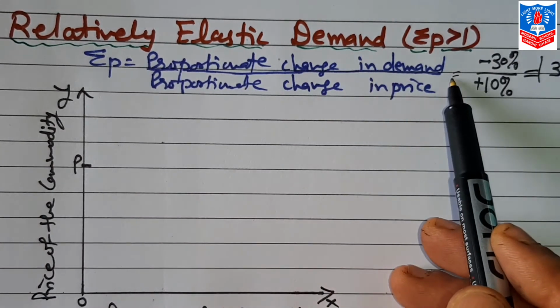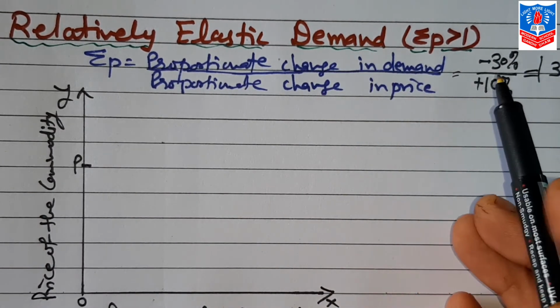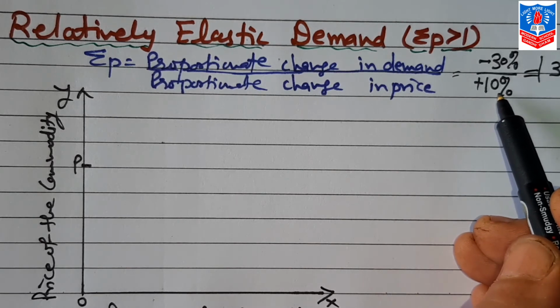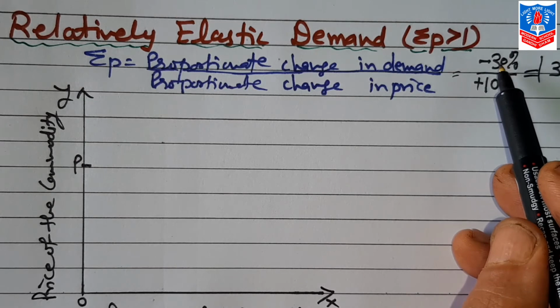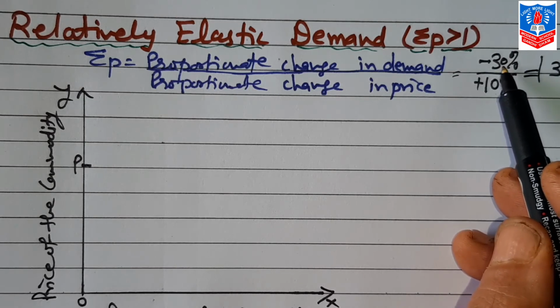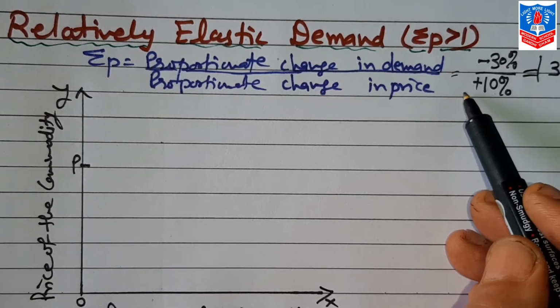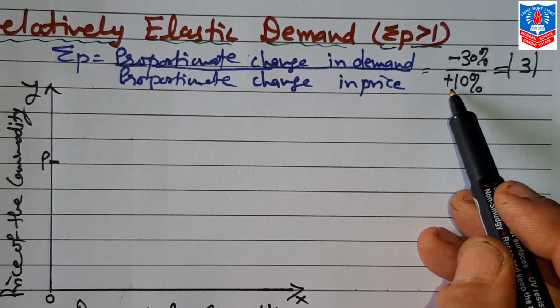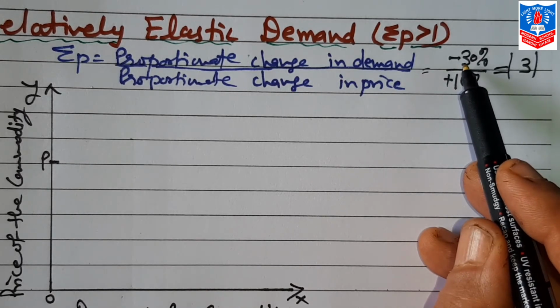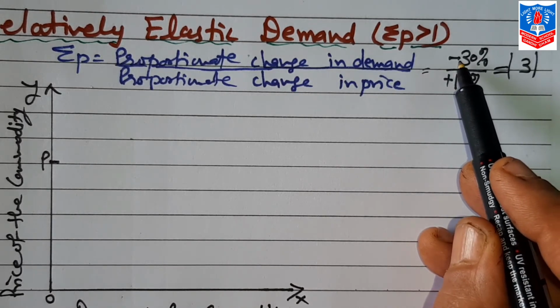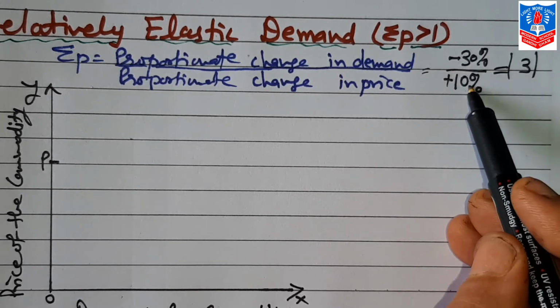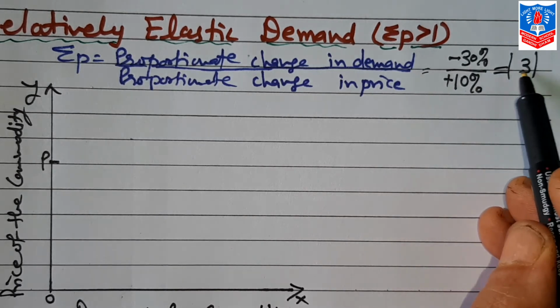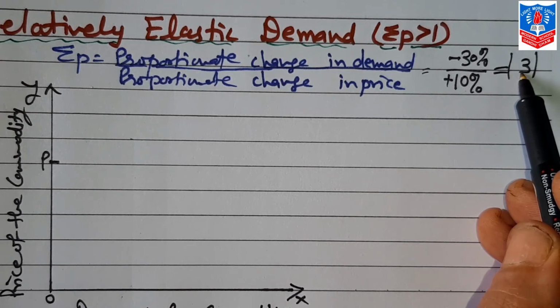See, here I have taken an example where there is a 10% rise in the price, and because of which there is a decrease in the demand, that is 30%. So here this 10% we write positive, and 30% because of the decrease in demand, so minus. Now when you divide this, we get 3. Now this comes in the modulus form, that is 3.